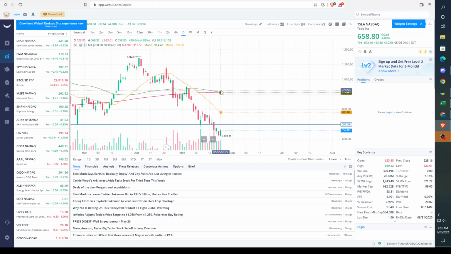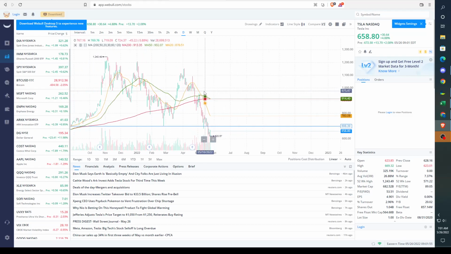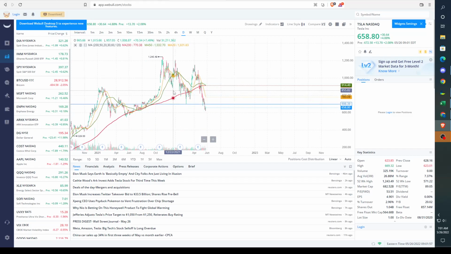So I do see these moving averages crossing over, and I think things can get a little bit risky there. Once all the moving averages are under the 200-day, Tesla does get a little more risky, and I think a lot of those rallies end up getting shorted much harder.